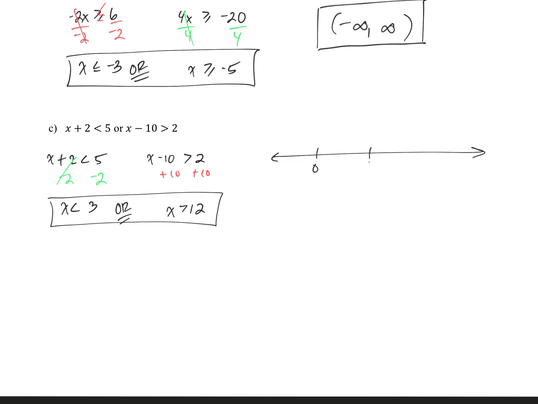So we have 0, 3, and 12. X is less than 3, so not equal to 3, just less than 3. And then x is greater than 12, but not equal to it.